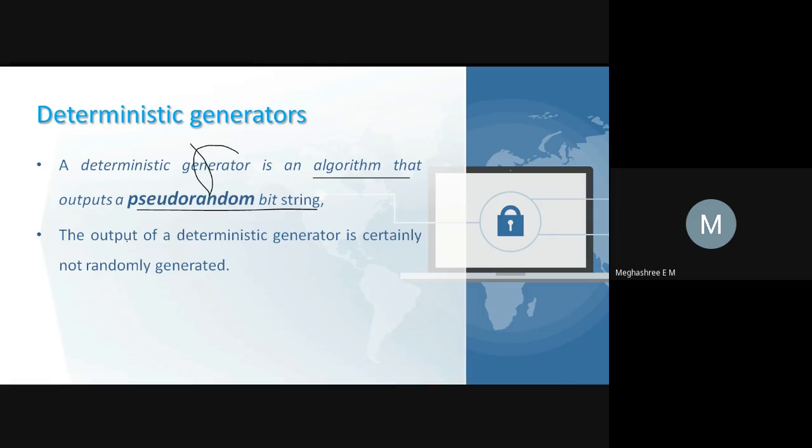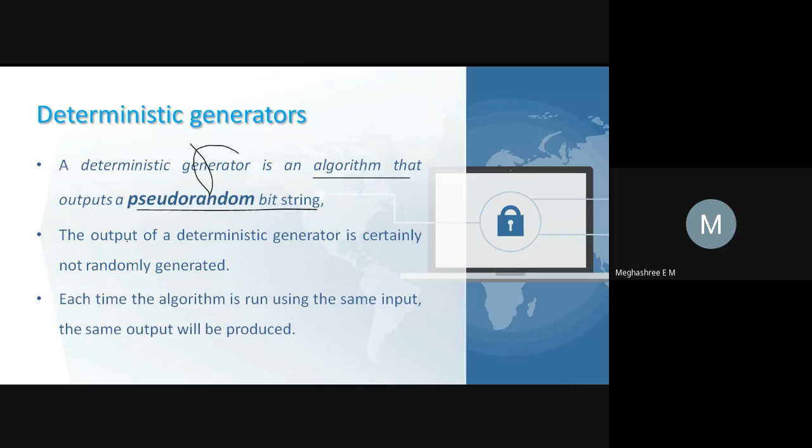But as of now, just remember it is certainly not randomly generated. Each time, if you feed the same input to this algorithm, then obviously we'll get the same output. Whereas in a non-deterministic generator, even if you give the same input, you will get a different output.